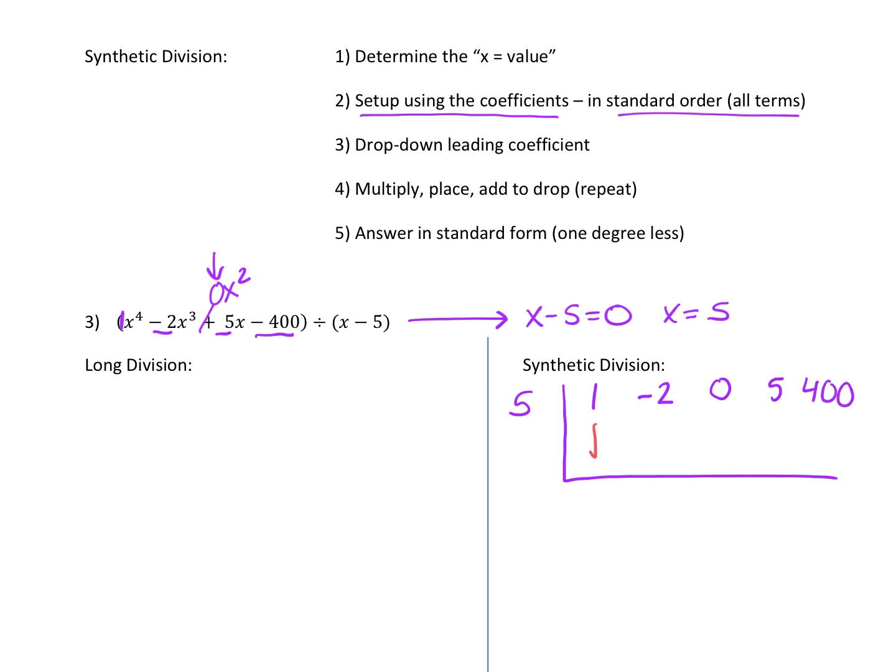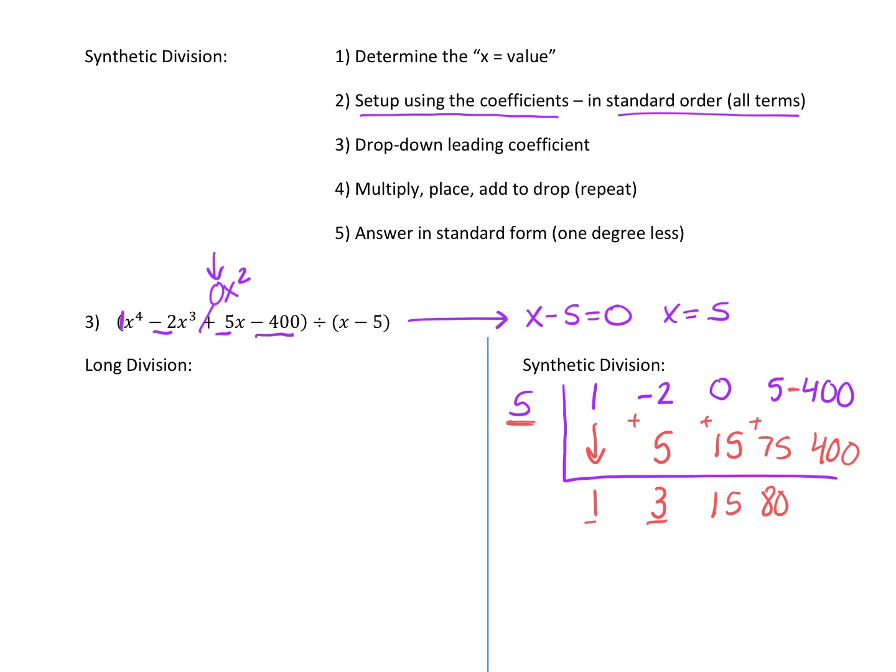All right, so we'll start by bringing down the first term. Multiply 5 times 1. Then I'm going to add to get 3. Then I'm going to do 5 times 3 to get 15. Add to get 15. 5 times 15 is 75. Add to get 80. 80 times 5 is 400.